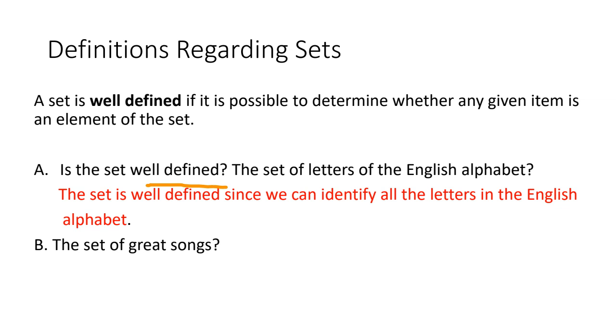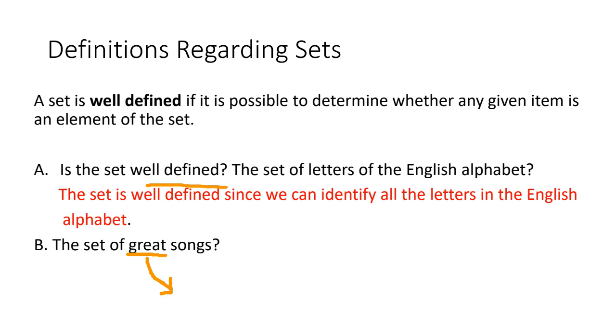So what is the problem here? Can I identify the great songs in this world? The problem here is that what is great for me might not be great for you, or it might not be great for Miss Patricia, or it might not be great for Miss Flores, right?